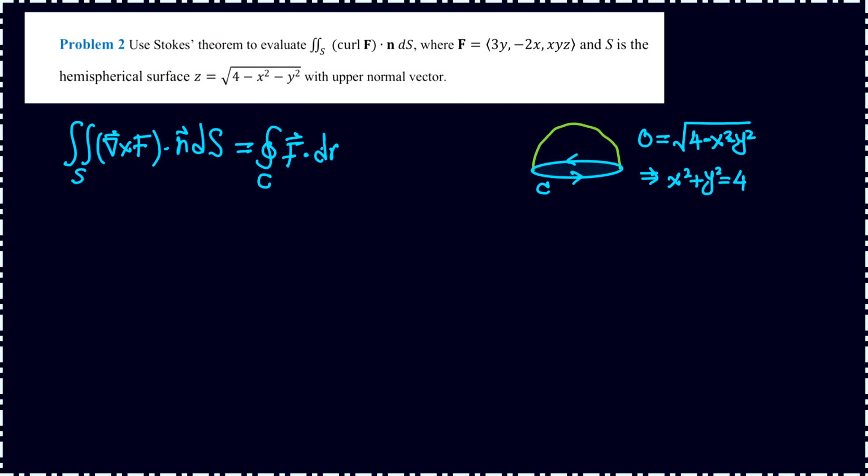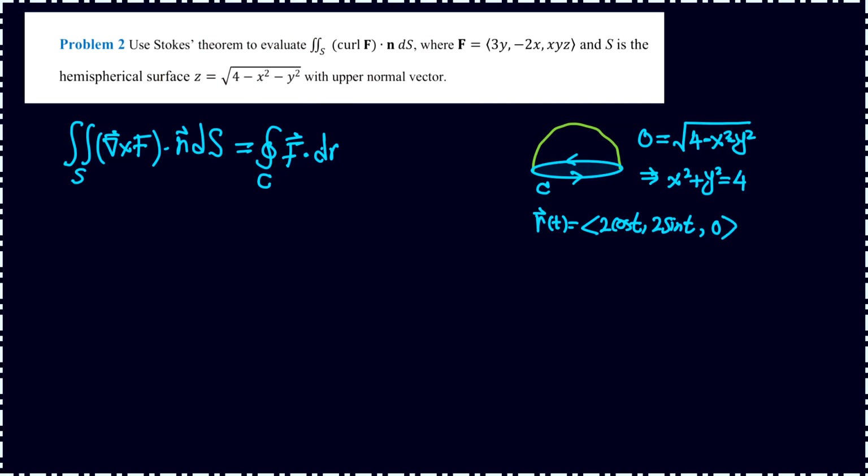Okay, so 4 is the square of the radius. All right, and again, the parametrization for that is r of t equal to 2 cosine t, 2 sine t. And since that curve lies in the xy plane, z is 0.